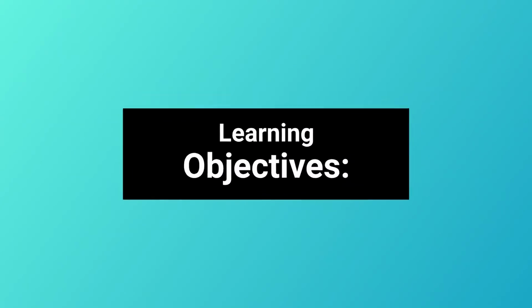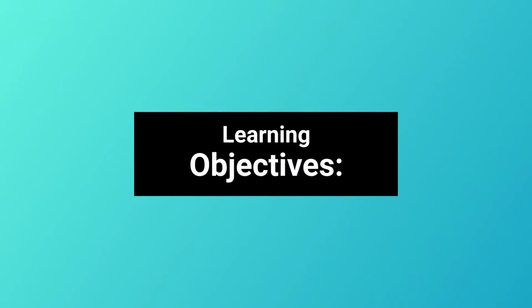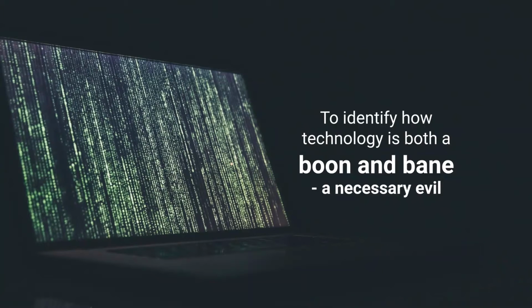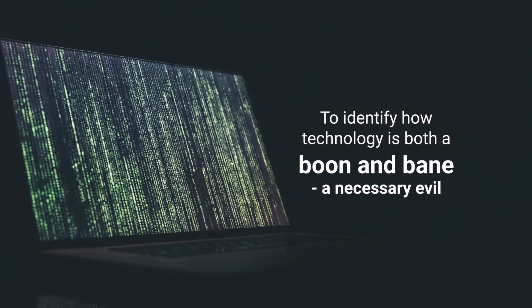I will start with the learning objectives first. Why are we studying sustainability science, or why are we studying environmental green technologies? Let us see one by one. In this particular session, we will be identifying how technology is both a boon and a bane, which is a necessary evil also.